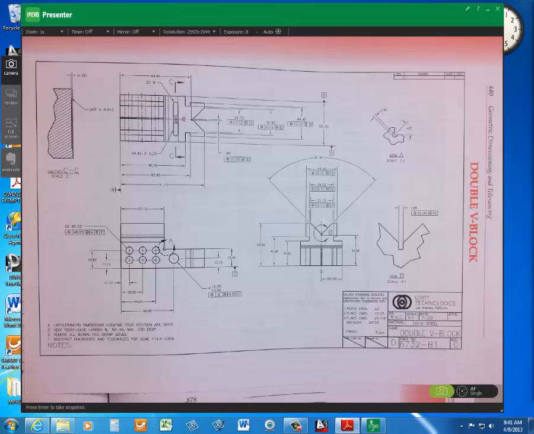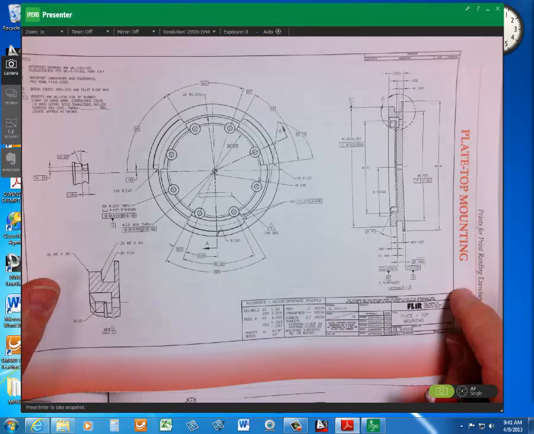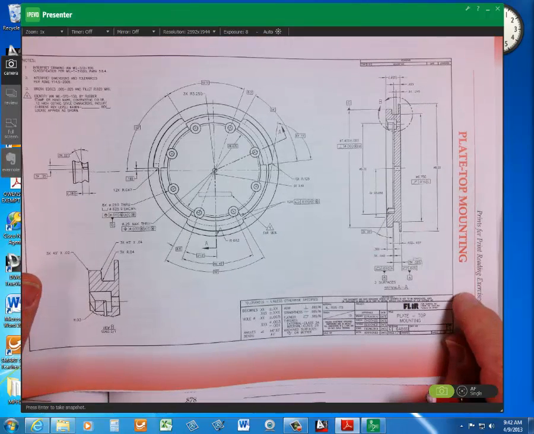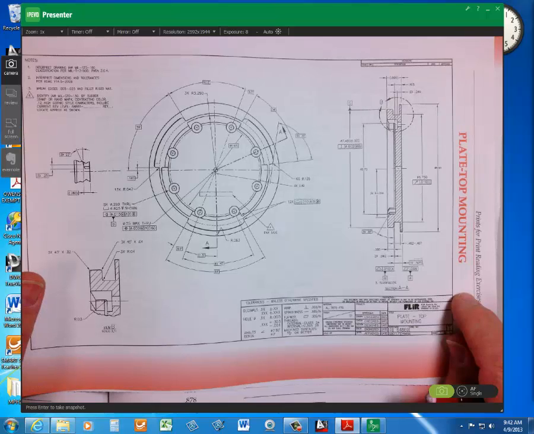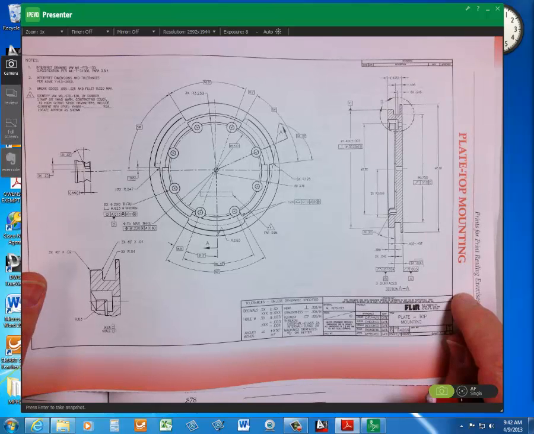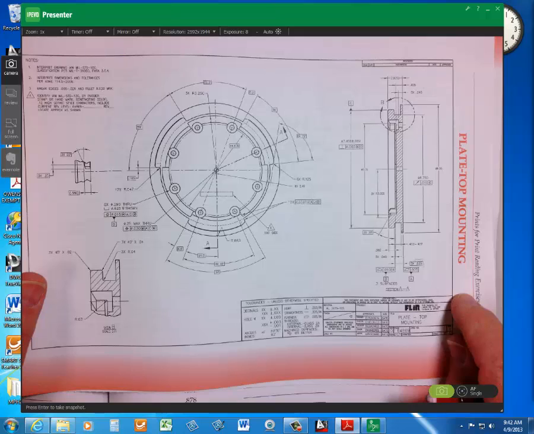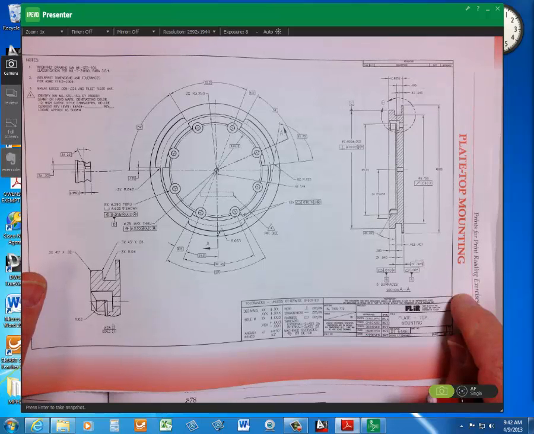Okay, so here's an inch drawing. So we're looking at that. Okay, so no leading zero, but we got trailing zeros.